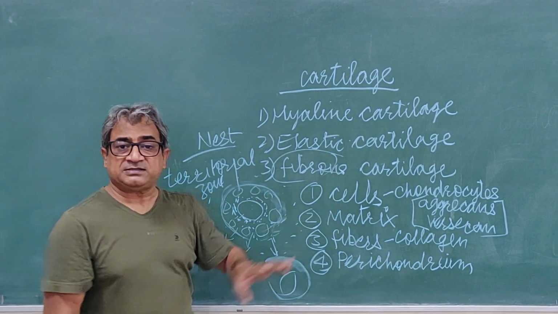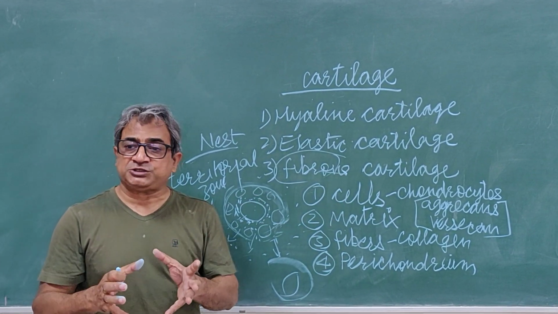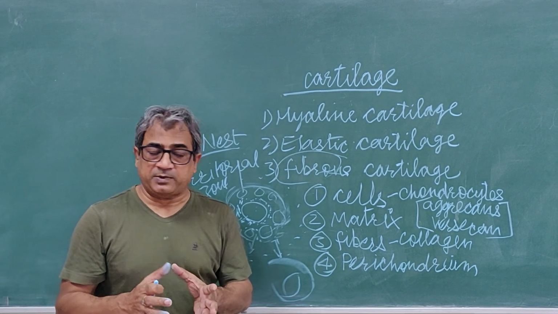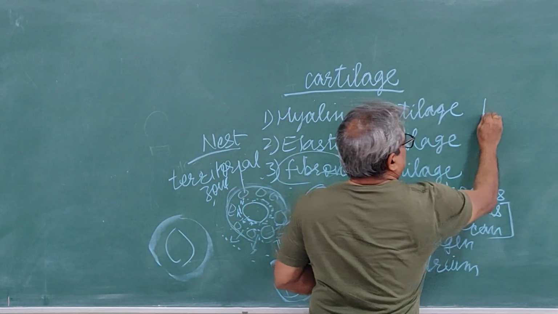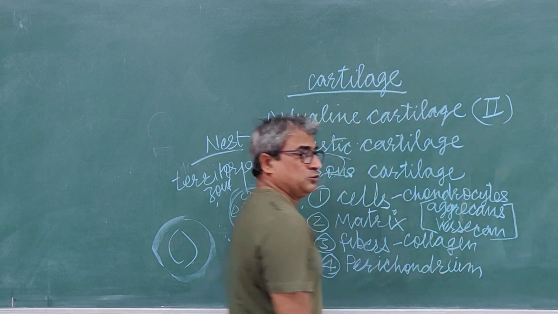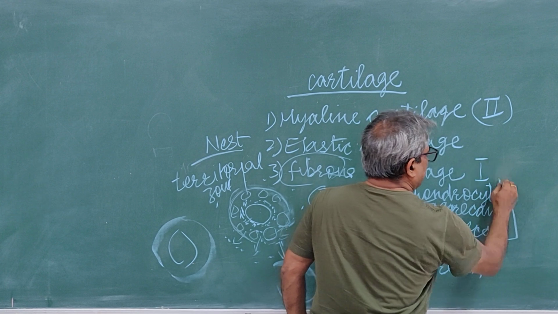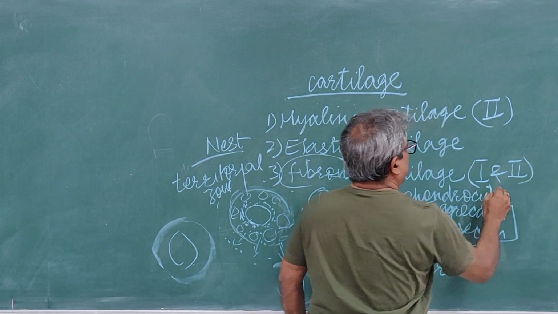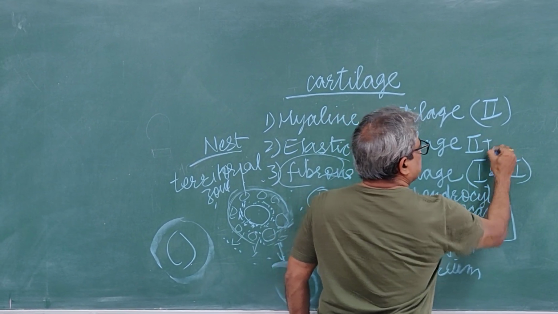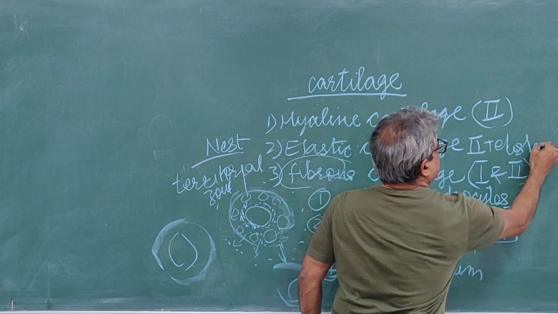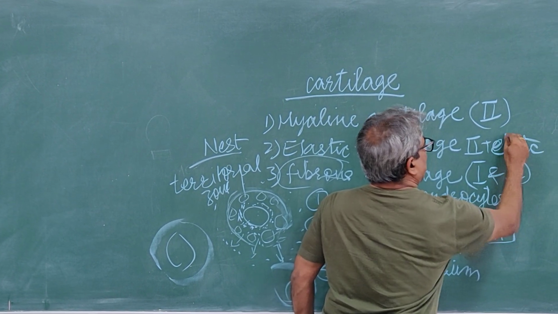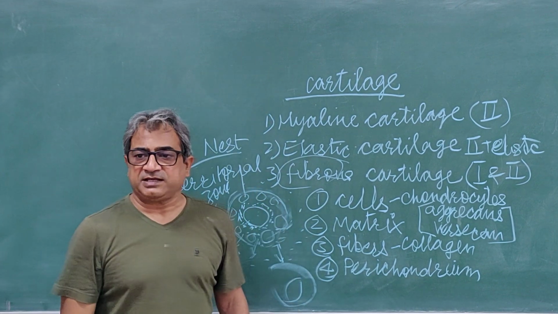And in the fibrous cartilage there is rich collagen fiber. In hyaline cartilage there are type 2 collagen fibers. In the fibrous there are type 1 as well as type 2. Here there is type 2 plus elastic fibers. Right? This is the difference in the fibers.